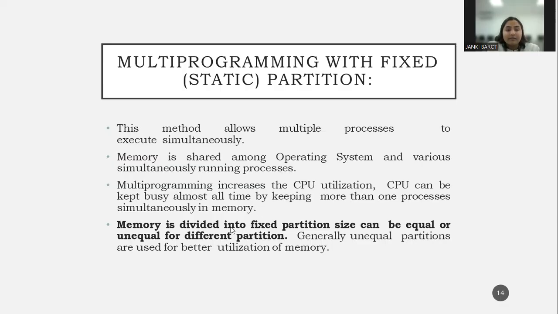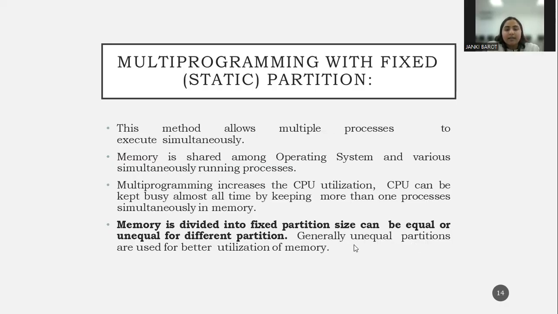Memory is divided into fixed partitions that can be of equal or unequal size. So it is not fixed that all partitions will be the same; they may be different sizes.